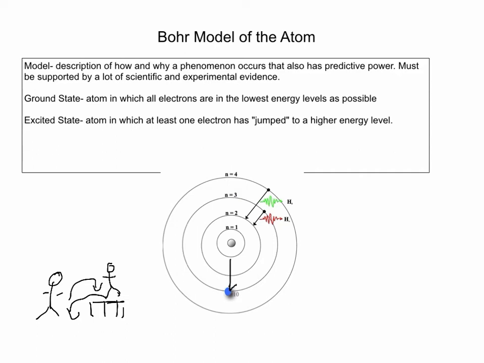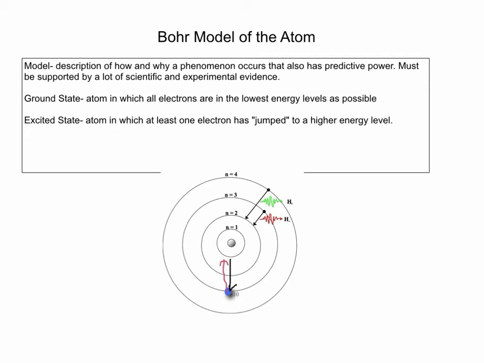Now, the same thing is true with electrons. So we have our electron up in our excited state. Eventually, the electron has to return back down to its ground state. But we have to worry about the law of conservation of energy.